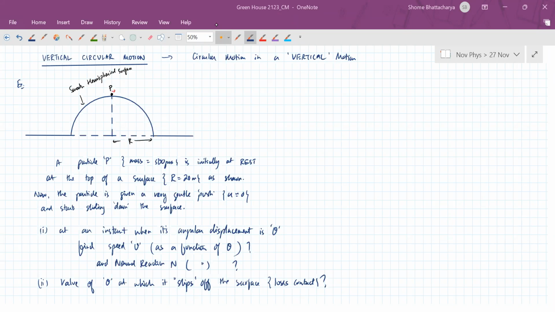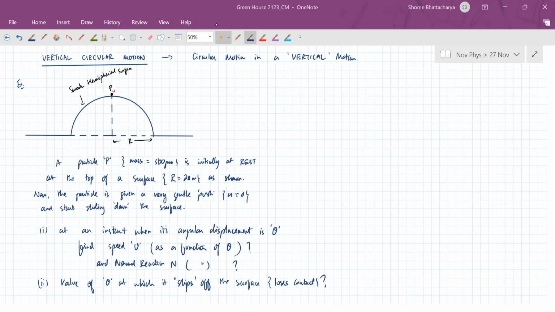Whereas normal reaction is continuously acting radially outwards, whereas the instantaneous velocity is tangential. So what about work done by normal reaction? As the particle is sliding down the incline, is there anything particular about work done by the normal reaction force that we can incorporate?